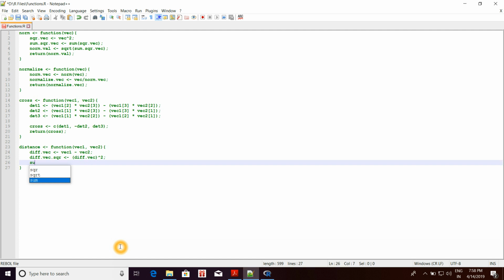That is equal to sum dot difference dot vec dot square.